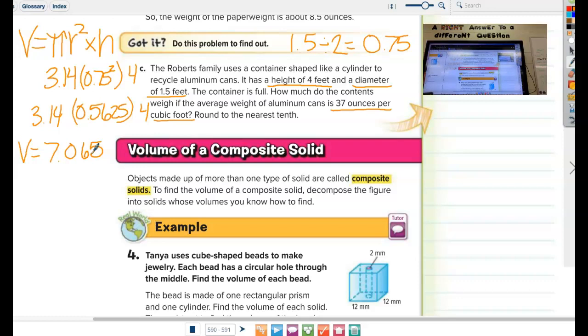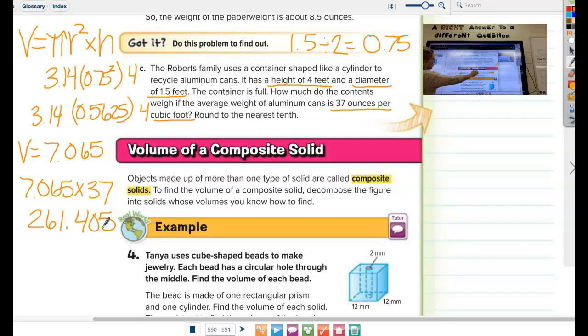But now we want to know how much it weighs if I have 37 ounces per cubic foot. Well, since I have 7 65 hundredths cubic foot, I would take my volume times the weight per cubic foot, which is 37, and I get an answer of 261 and 405 thousandths.